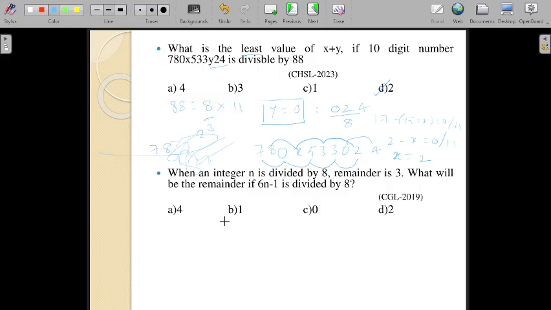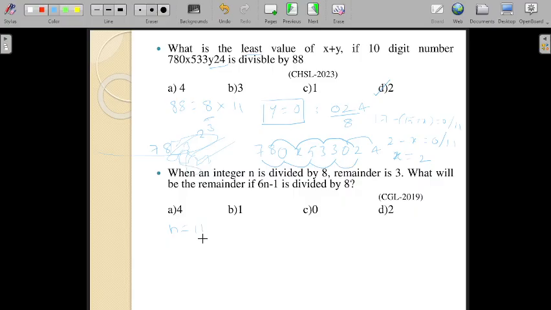Next question, asked in CGL 2019. When an integer n is divided by 8, the remainder is 3. What will be the remainder if 6n minus 1 is divided by 8? If you follow the formula, it takes too much time, but I'll tell you a small process. Let's say n equals 11.